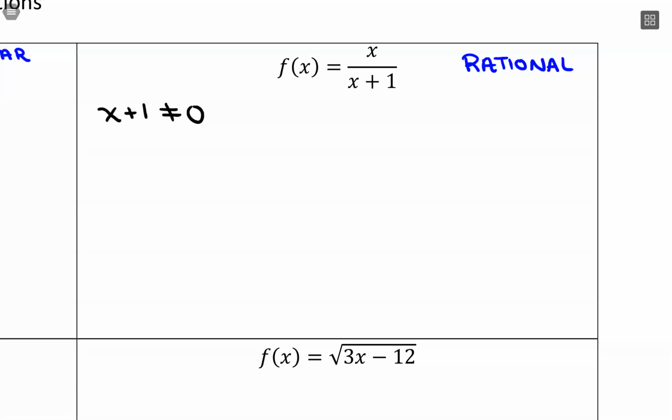I'm just going to keep that does not equal, so I'm going to subtract 1 from both sides, and that tells me that x cannot be negative 1. So what that tells me is that we can have absolutely any real number for x, but at the same time, x cannot be negative 1.